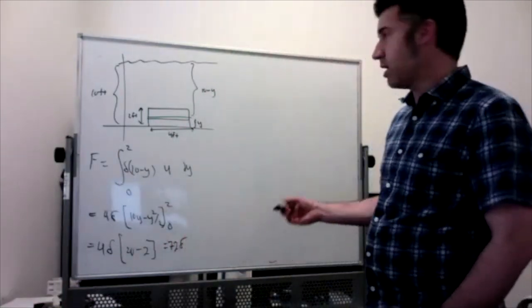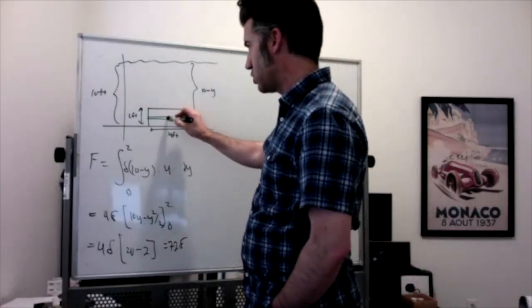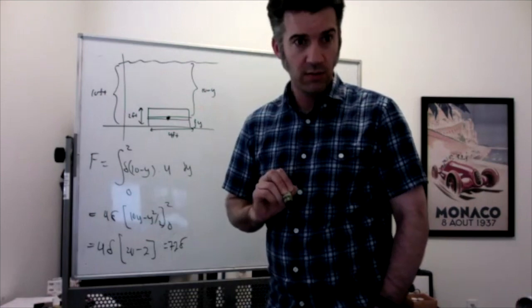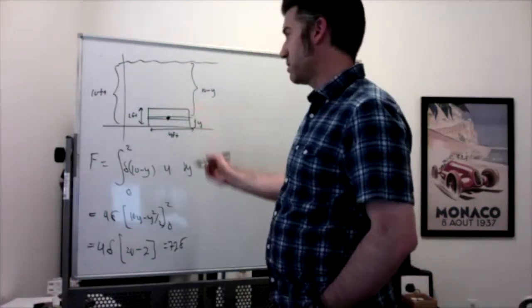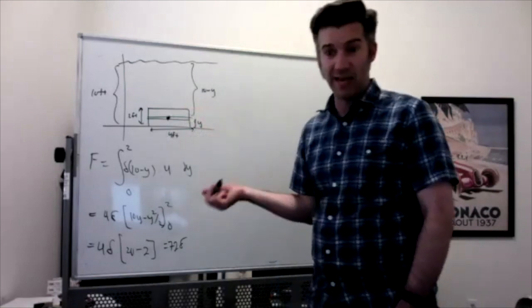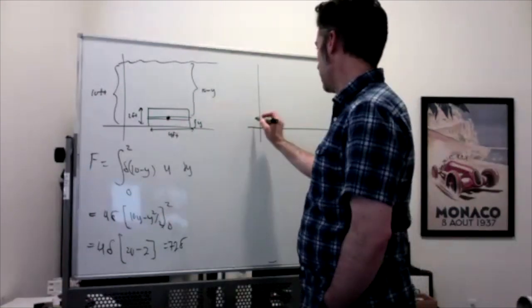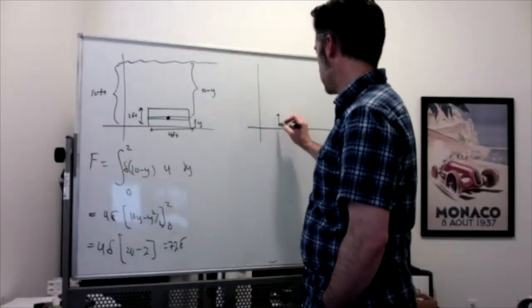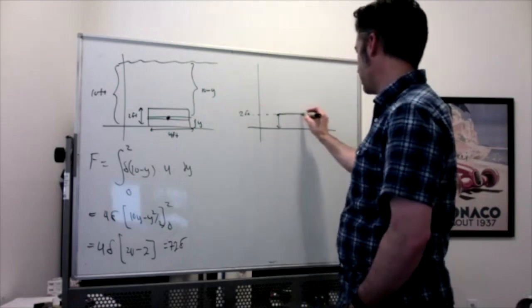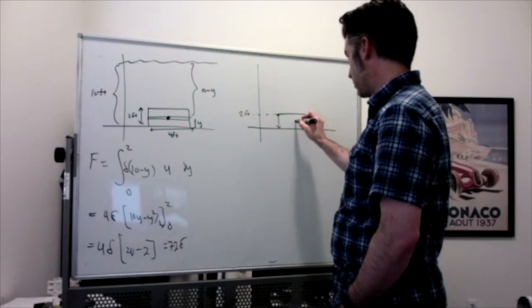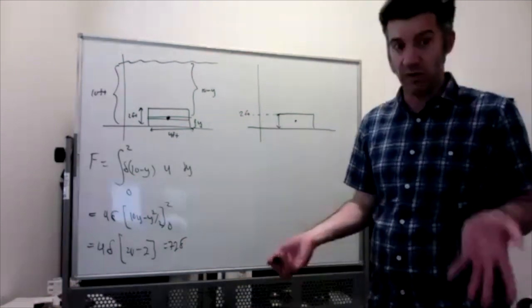Or you could say, what if all of that mass was just right there at the centroid of the rectangle? Well, then all that mass is at a depth of 9 feet. If it's a rectangle, the center is the center of mass since the density is constant. The center of mass is just at the center of the shape.